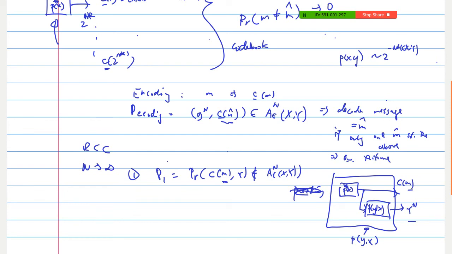So then, if you look again at where we got CM and then Y^n, CM is basically just drawn from a distribution PX, right? And then this CM will feed into a channel with distribution PY given X. So therefore, CM and Y together are essentially coming from a joint distribution PXY, right? Let me write PXY maybe.